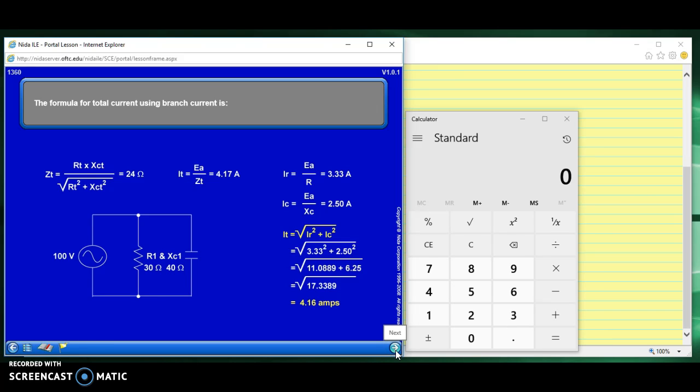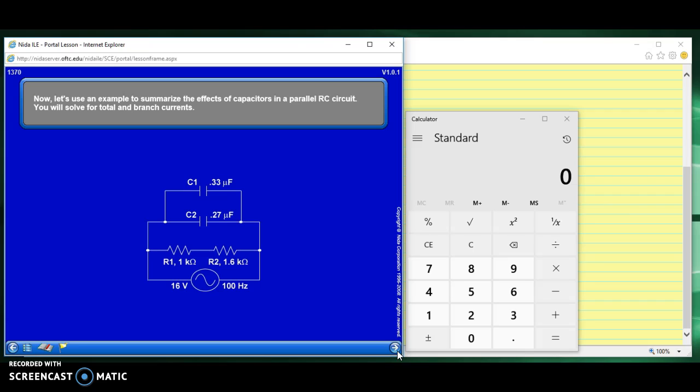We can take the square of the resistive current and the square of the capacitive current, get the square root of that, and then we have total current. So another formula in the books for us. I know you are as excited as I am about that.